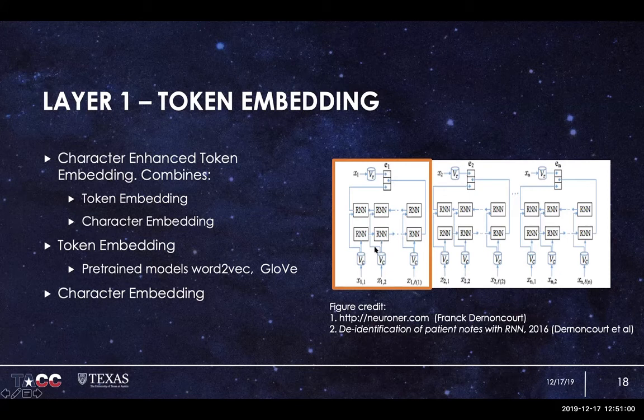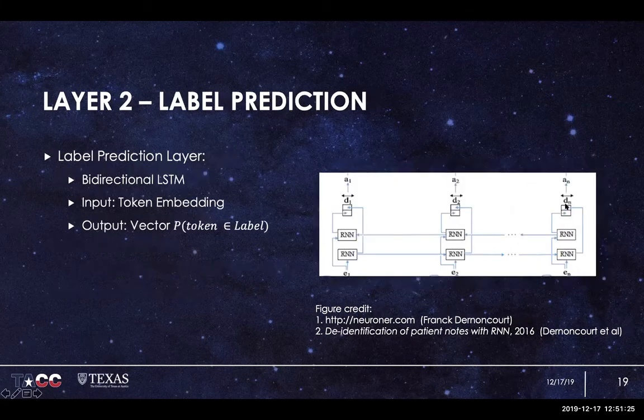So they use the standard English language models, they use the forward sequence of the token characters and the backward sequence of the token characters, and they combine these vectors to create one unified view of any token. And they do this for every word or every token in the sentence.